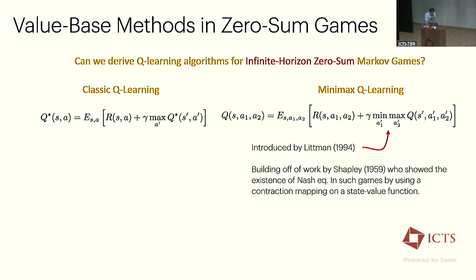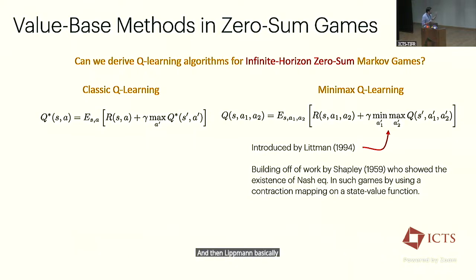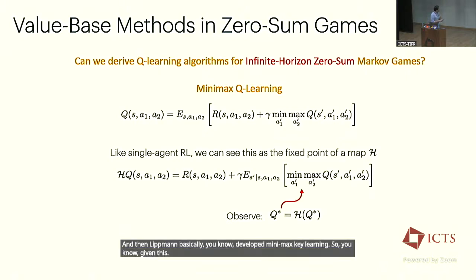Great. So he was building off of very classic work by Shapley, who, if you remember, introduced the notion of a Markov game. And Shapley showed the existence of a Nash equilibrium by looking at the state value function. And then Littman developed minimax Q-learning. So given this, we could once again observe that this is a fixed point of some one-to-one mapping.